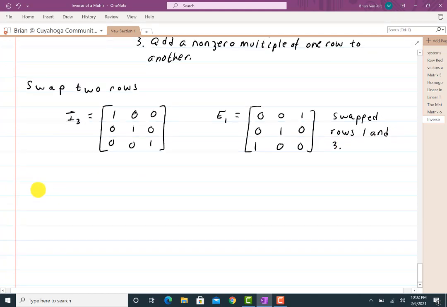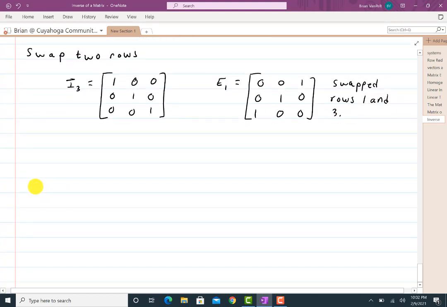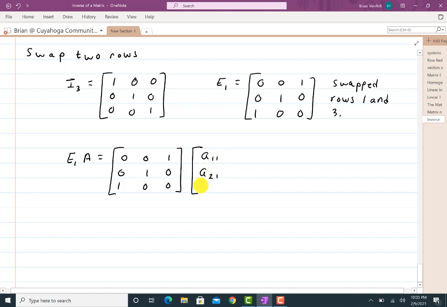Now take a look at what it actually does to a matrix when I multiply it on the left. So if I take E1 times a general matrix, and I won't specify any of the entries for A. I'll just write them in as generic items.